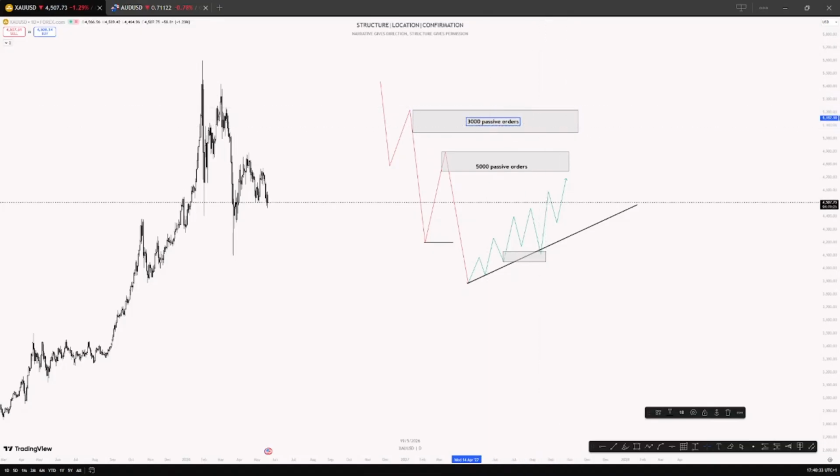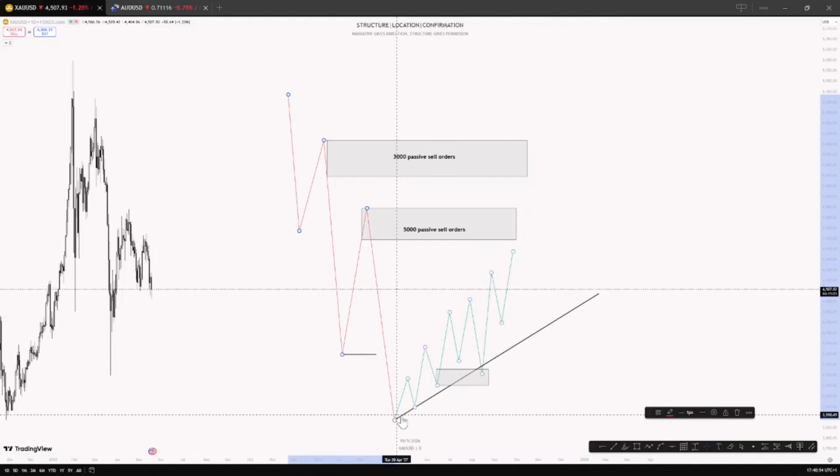Now we have 3,000 passive sell orders and 5,000 passive sell orders. Stay with me. Now, the moment this area got mitigated, we could say the red structure is the weekly and the green structure is the daily for context. So now we understand that we're in a bullish order flow and we have mitigated this.